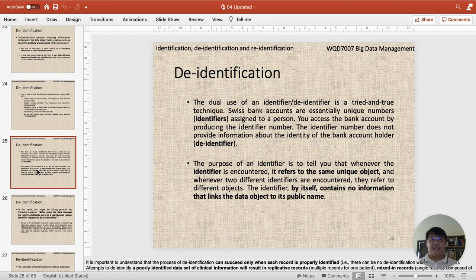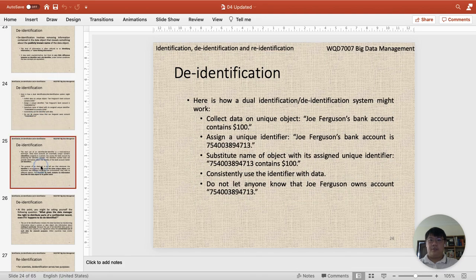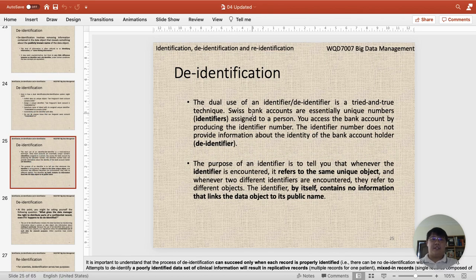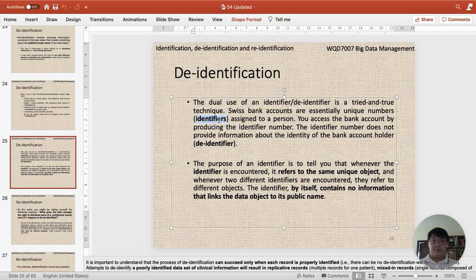So the dual use of the identifier and de-identifier is a tried and true technique. In the example just now, the accounts are essentially unique numbers assigned to a person. You access the bank account by producing the identifier number, and the number does not provide information about the identity of the bank account holder.